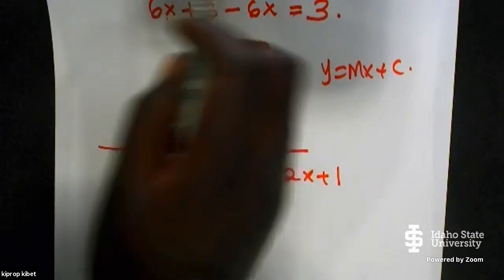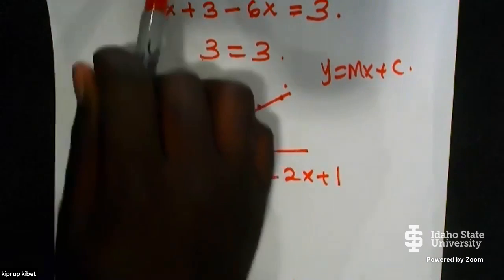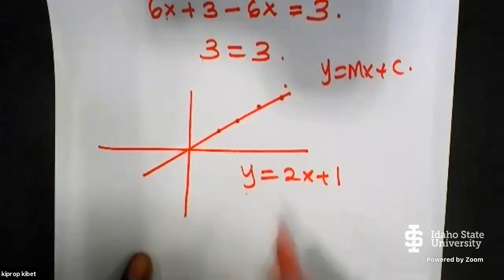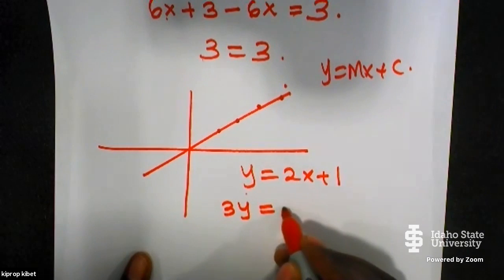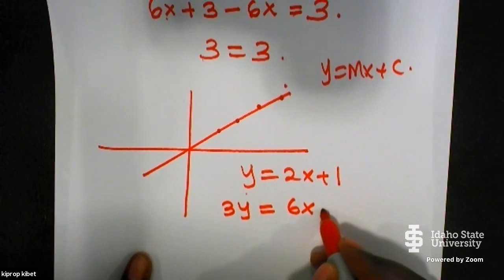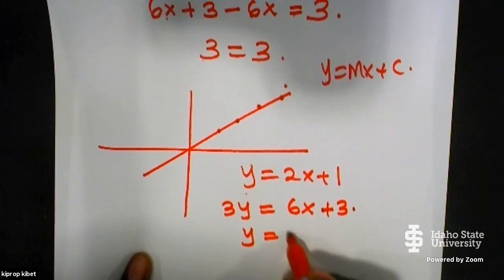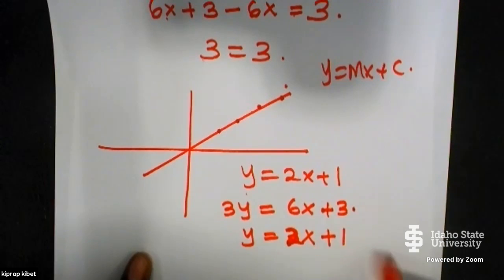Now let's write the second one in terms of y equals mx plus c. Taking the y, so y equals 6x plus 1 plus 3. So y is equal to what? When you divide, you get 2x plus 1 plus 1.